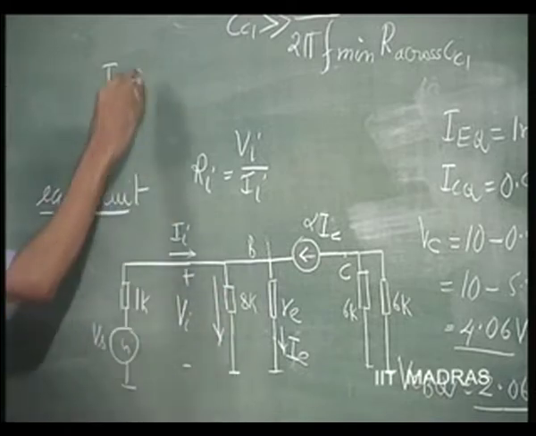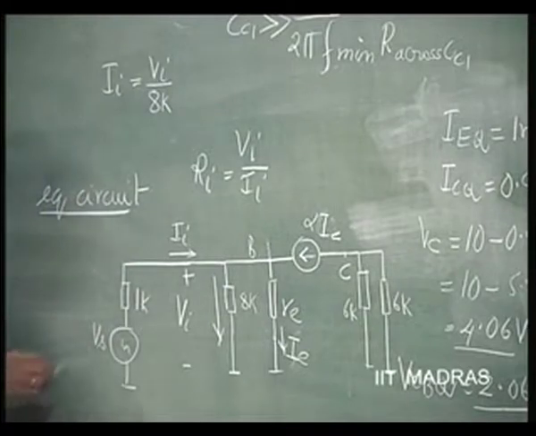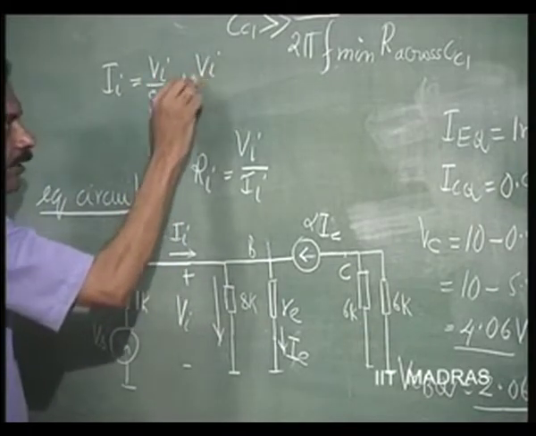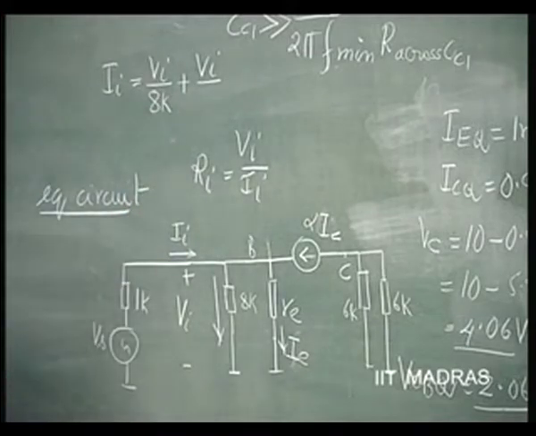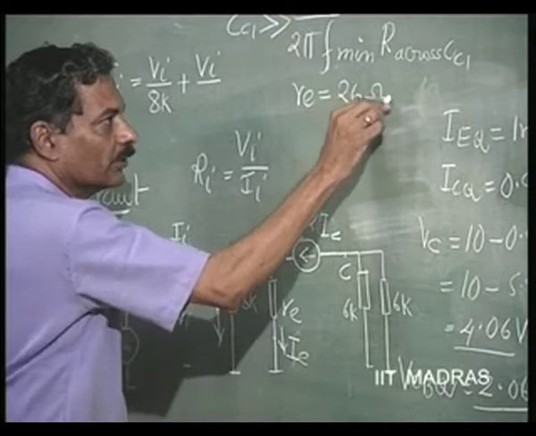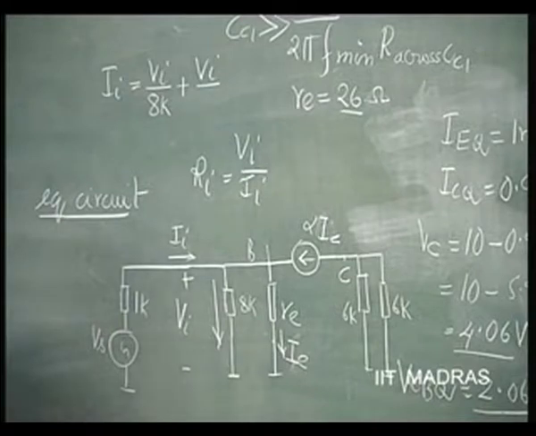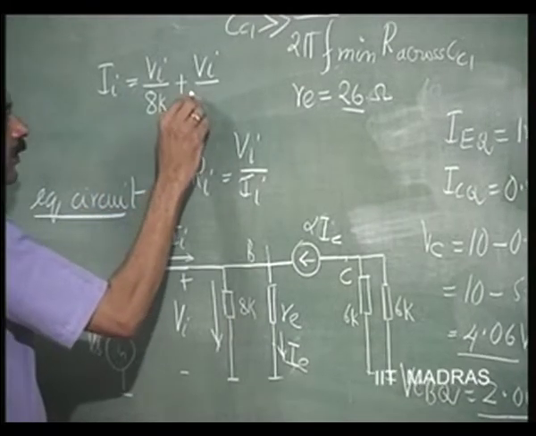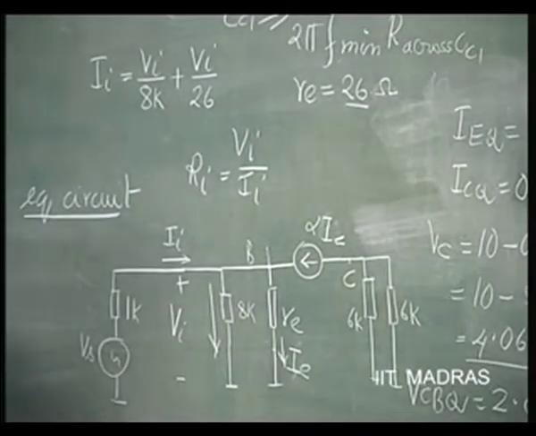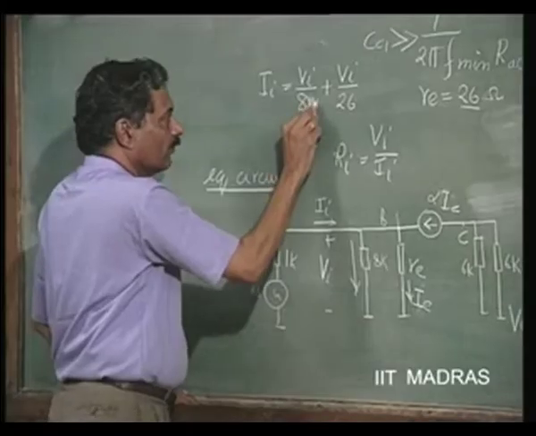So, this current is Vi by 8K plus Vi by Re. Re is how much? It is operating at 1 milliampere. So, Re is equal to 26 millivolts divided by 1 milliampere. So, this is going to be 26 ohms, or we will write down everything in terms of ohms.